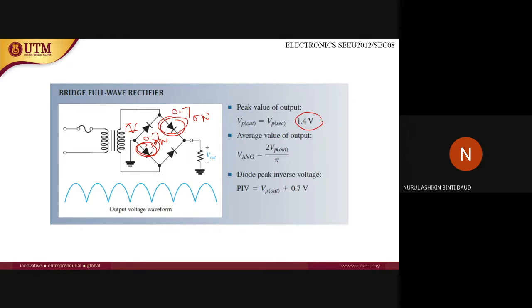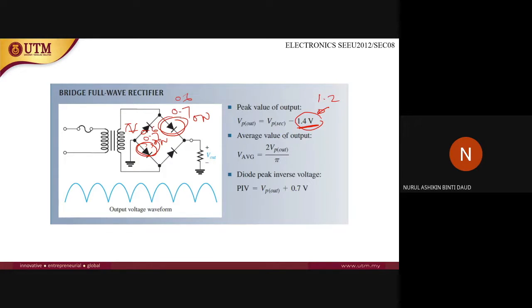If the diode voltage is 0.6, then 0.6 plus 0.6 is going to be 1.2. So it will not always be 1.4. It depends on what kind of diode is used. So be careful of this value.